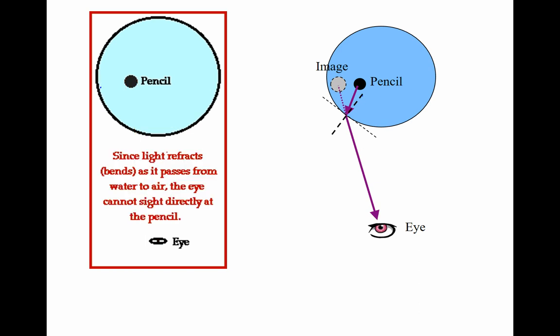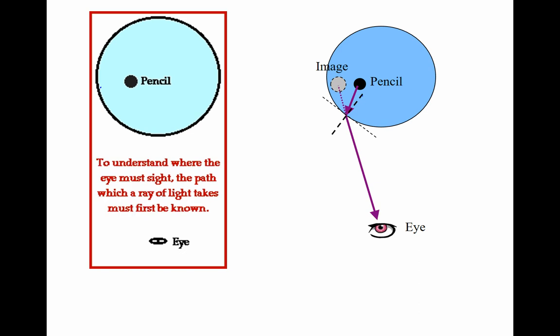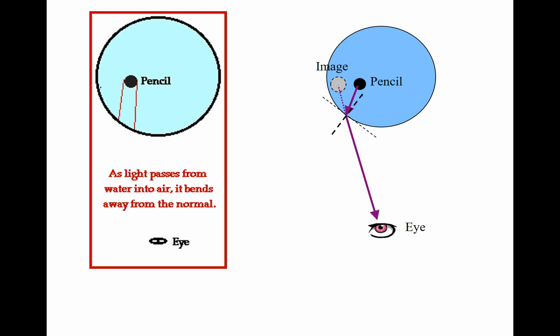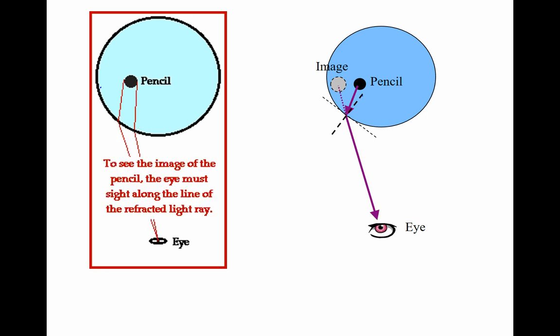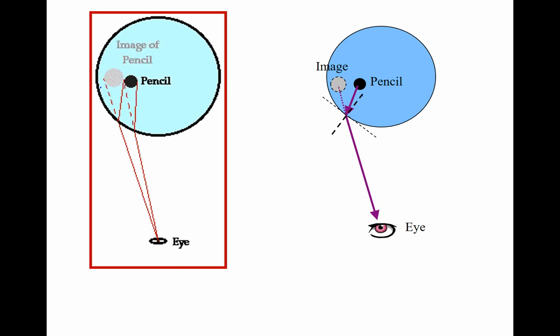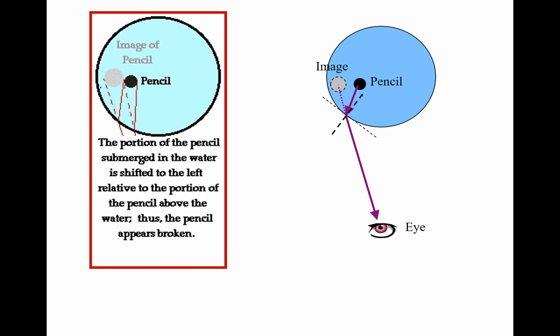There we go, just very slowly. Gives you lots of time to read it. So it bends away from the normal line, from the eye. Excellent. And then it says the pencil is going to be over there, but only in the portion that's in the water. Very cool. That was brutally slow.